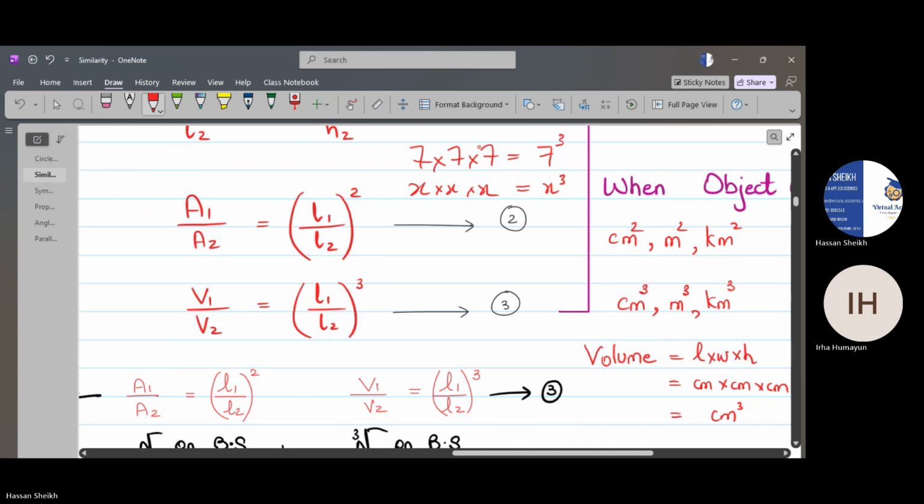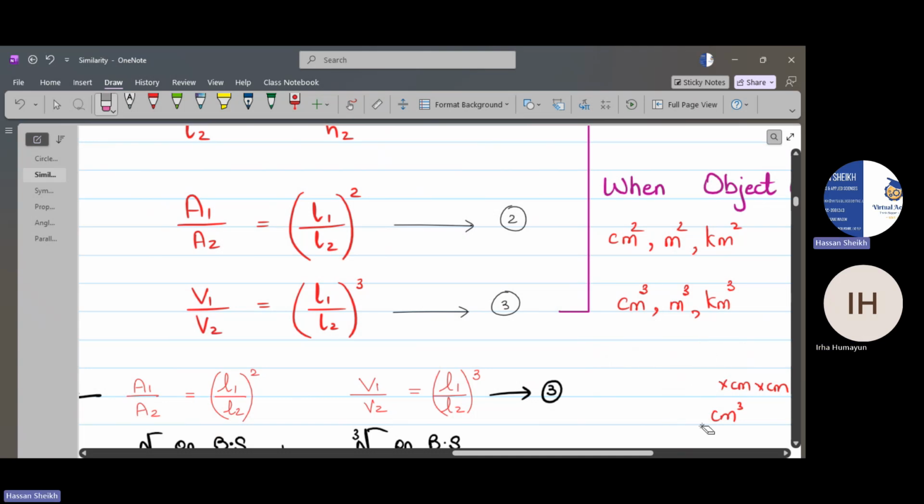Yes. So similarly, centimeter times centimeter times centimeter is centimeter cube. Do you understand what a three-dimensional unit means? When you are multiplying three dimensions, dimension means the sides of a geometrical figure. Yes, sir. And tell me any formula for the area as well.